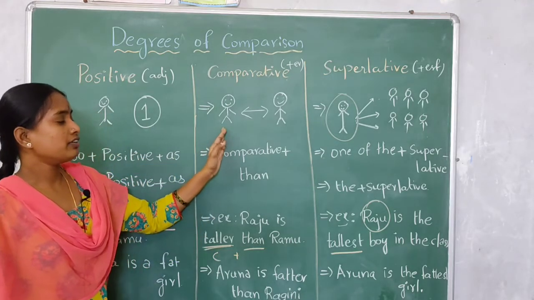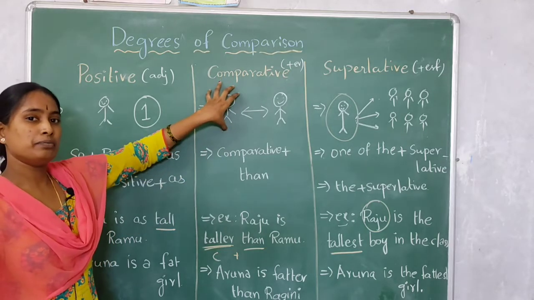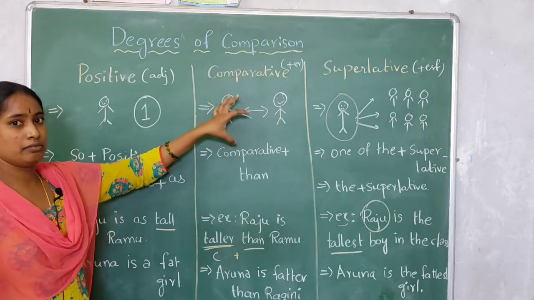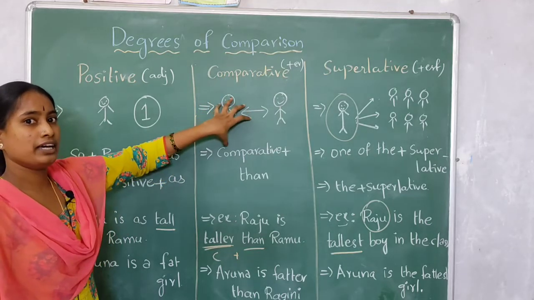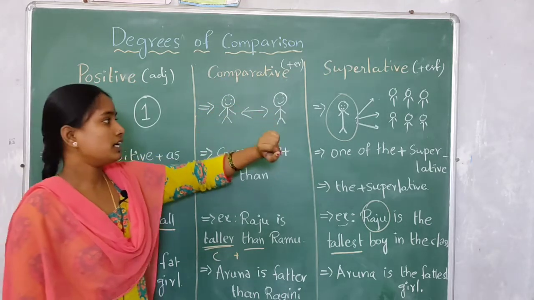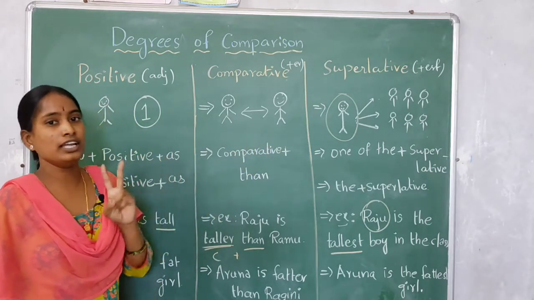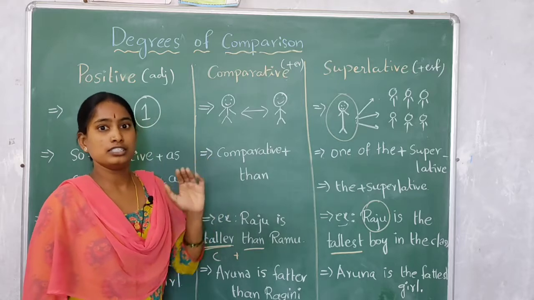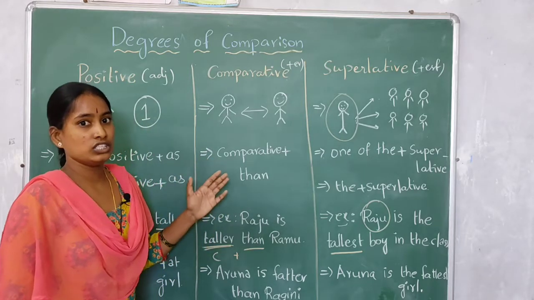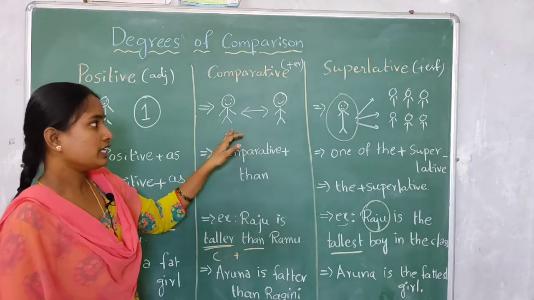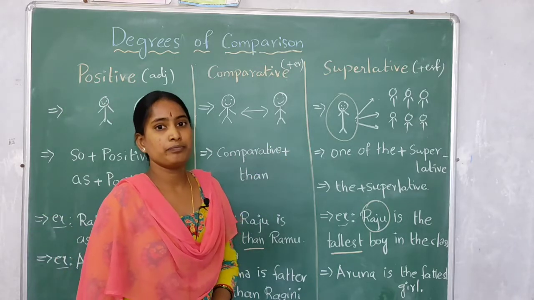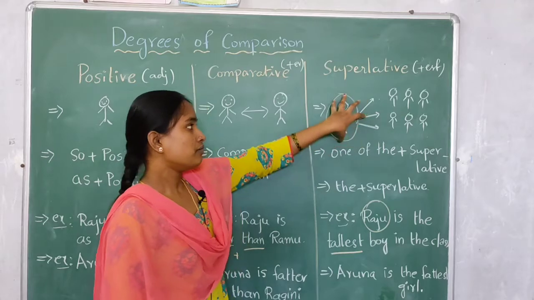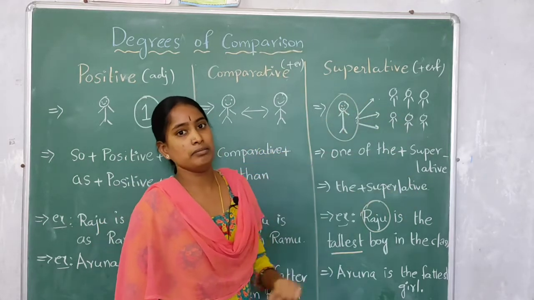We use this comparative degree for comparing one person with another person or thing. It may be anything. We are going to compare one noun with another noun here. So we have only 2 things or 2 persons here. For comparing these 2 persons with each other, we use comparative degree. Next, superlative degree. Superlative degree is used to compare one person with so many persons.